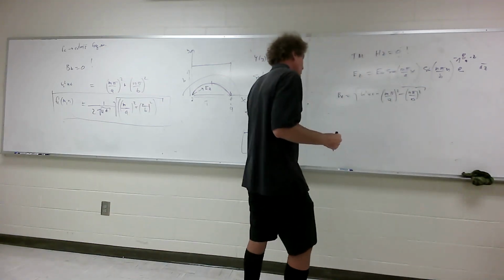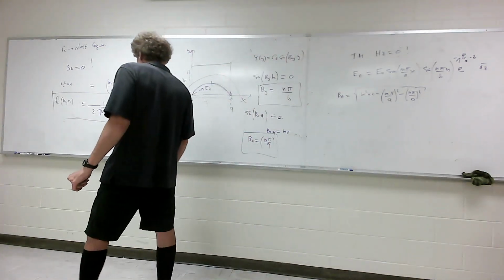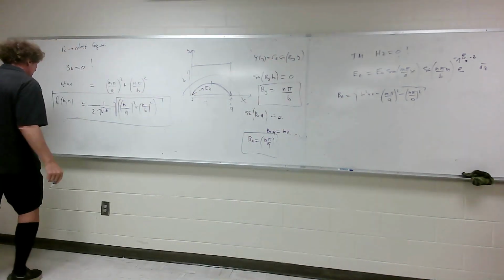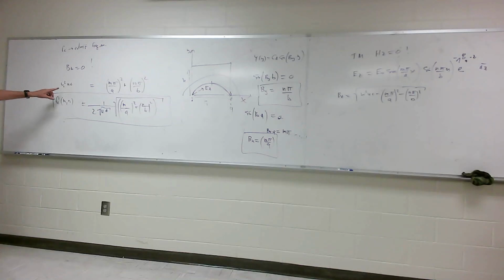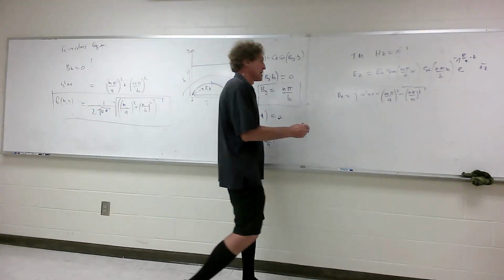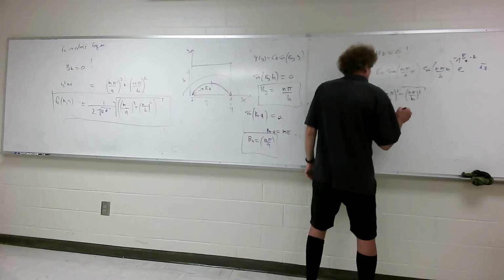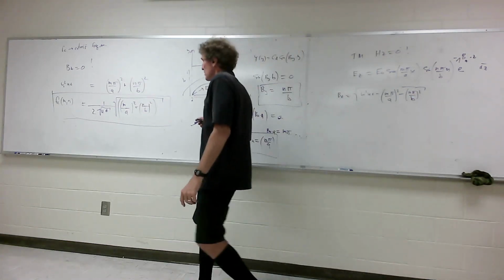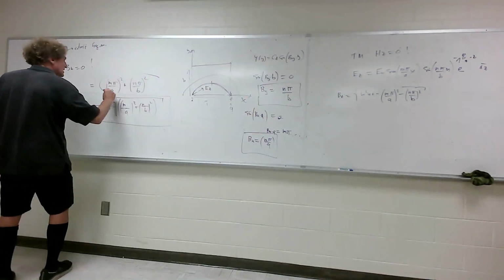Now, I just told you that that's the cutoff frequency, right? Can you all follow me? I've got omega cutoff squared mu epsilon is that. Well, I've got (m pi over a) squared minus (n pi over b) squared, squared right there, which is equal to this.